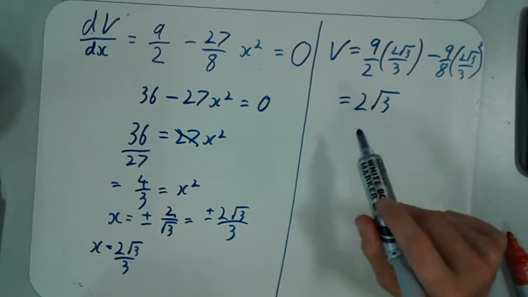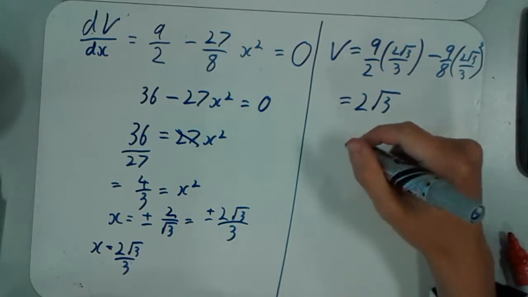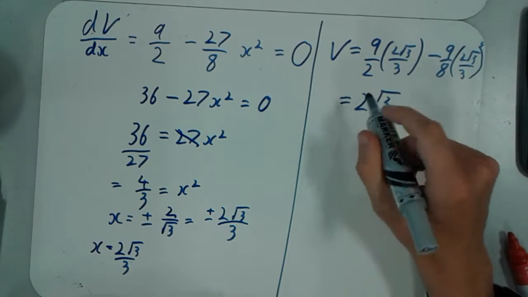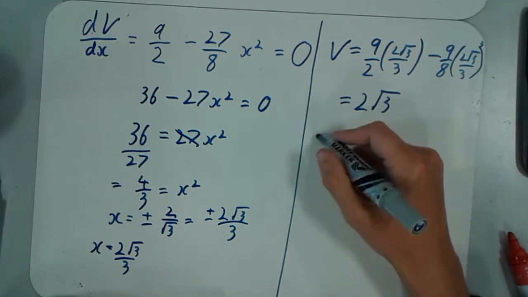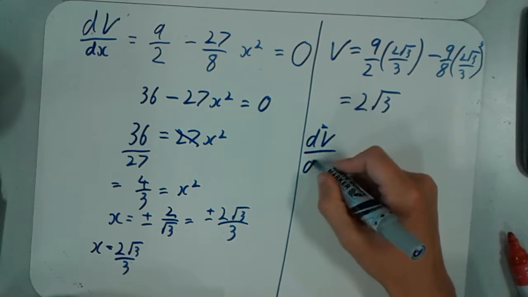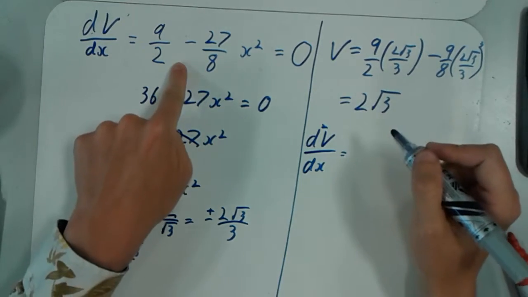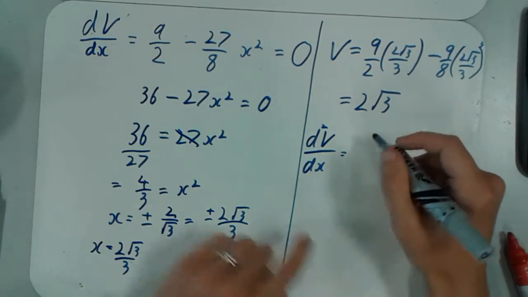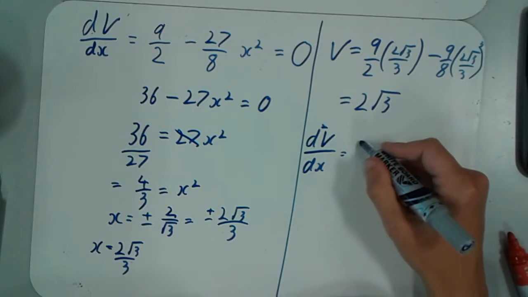How do we know it's a maximum? Well, sometimes these questions will ask you to justify that it's a maximum point. Remember, we can justify it's a maximum by looking at the second derivative. Differentiating this again will give us constants go to 0, times by the power.